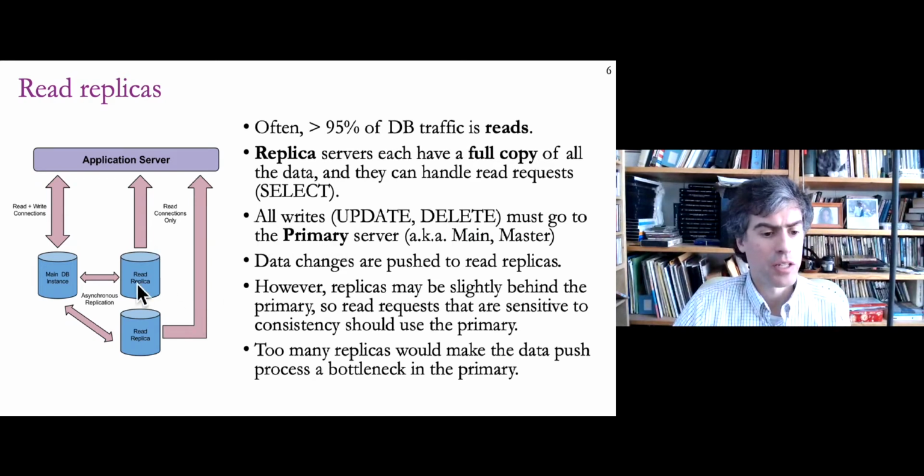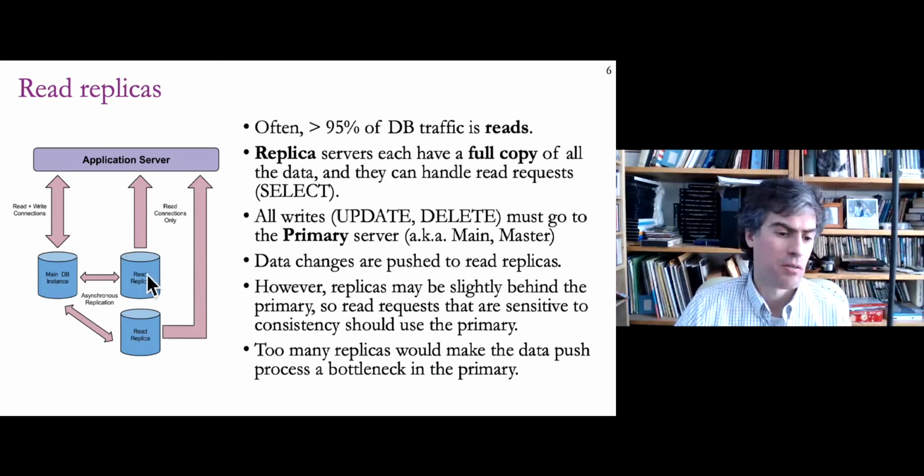So if you do the reads on these replica machines, you can save the capacity of the main database just for writes. There are different kinds of queries in SQL databases, relational databases: selects, updates, and deletes. Selects are reads, updates and deletes are write operations. Any of those writing operations have to go to the main one or the primary, but the reads can happen on replicas.